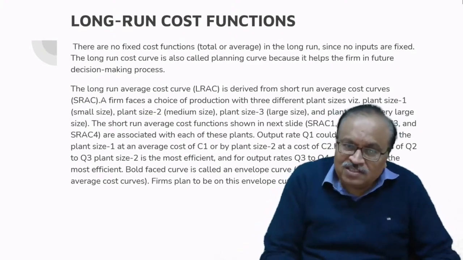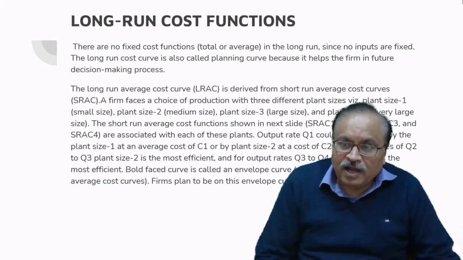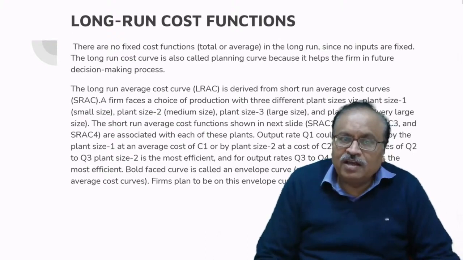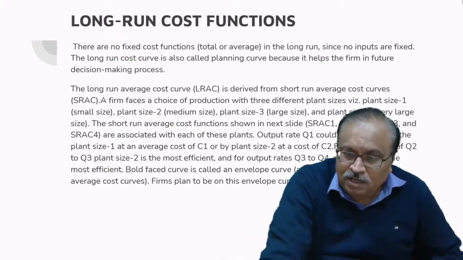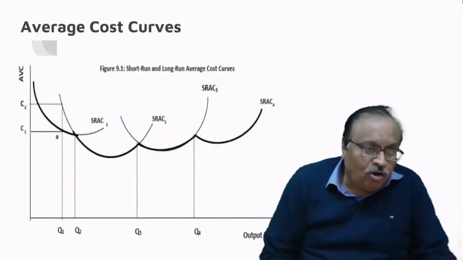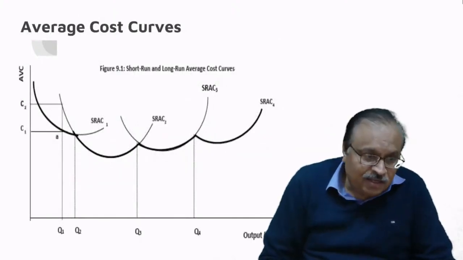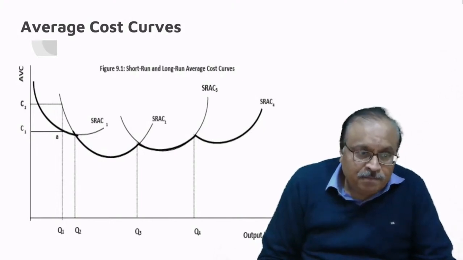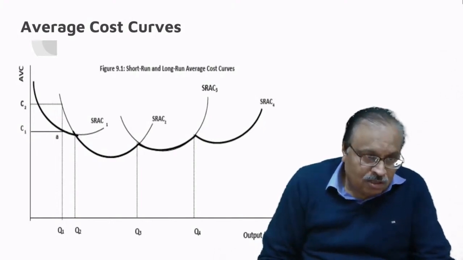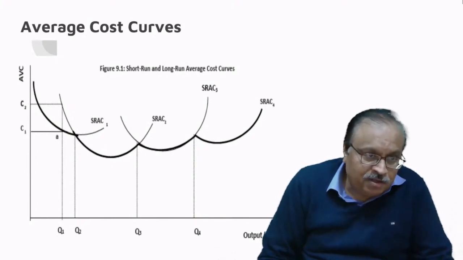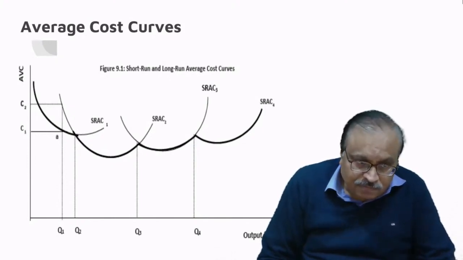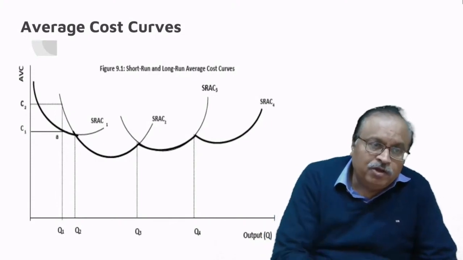The bold-faced curve is called an envelope curve as it envelops the short-run average cost curves. Firms plan to be on this envelope curve in the long run. So touching all those points, like the point based on Q2, SRAC 1 and 2 meet at the point C1 and at the point Q2.